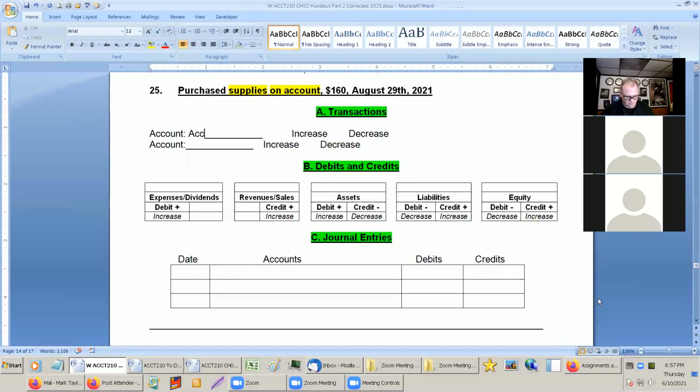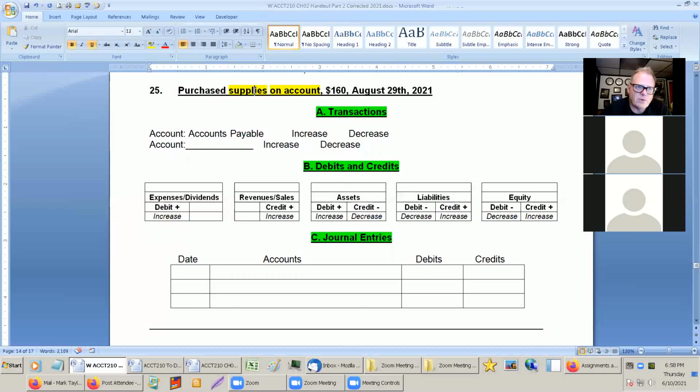And supplies. It's an expense. Close. It will be an expense, but not yet. Let me explain that. This is kind of a strange one. It has to do with inventory, and it could be supplies, it could be inventory or whatever. When you first buy it, it's an asset. As you use it, you expense it.